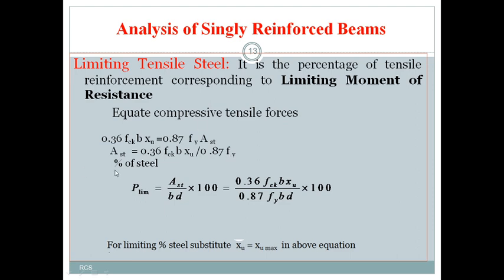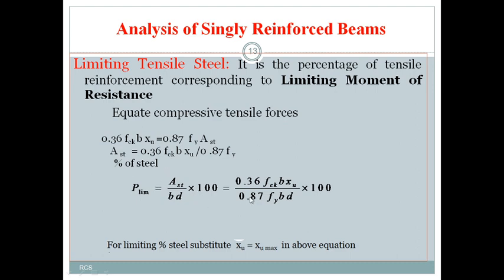You know the normal procedure for calculating the percentage of steel. We know the area of steel, that is AST in the section, and we know the cross-sectional dimension of the total beam. So the area of steel divided by the beam cross-section, multiplied by 100, gives the percentage of steel.